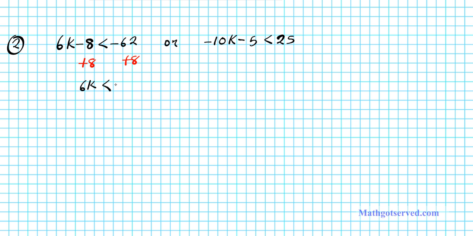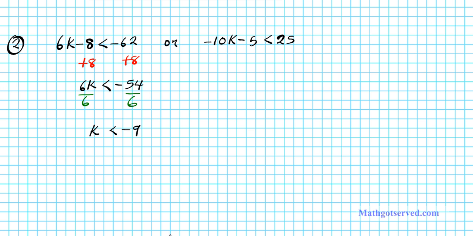All right, so we subtract this from that. We have -54. And then divide both sides by 6. Since we're dividing by a positive number, the inequality remains unchanged. -54 over +6 is -9, because we're dividing two numbers with different signs.